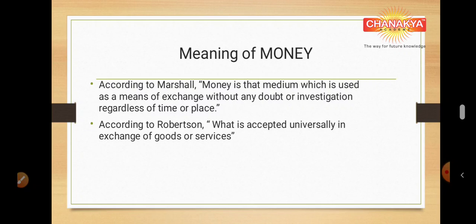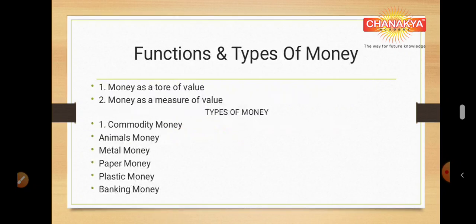We can exchange it without any doubt or investigation, no matter what time or place it is. Robertson said that whatever is accepted universally in exchange of goods and services is known as money.